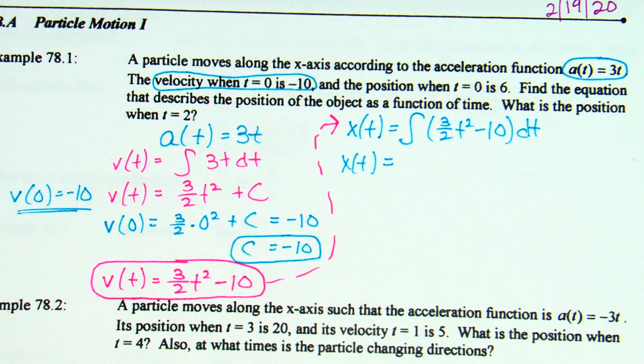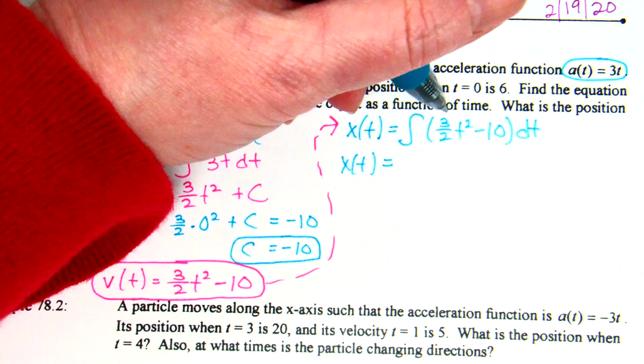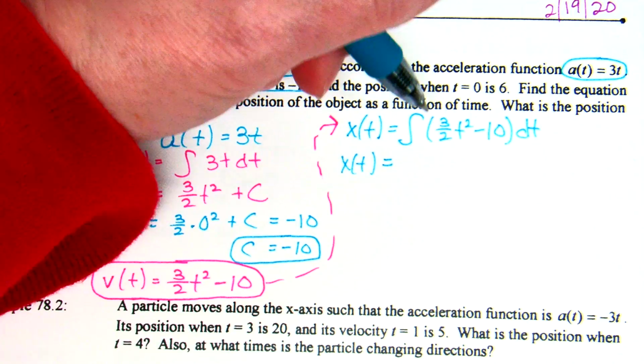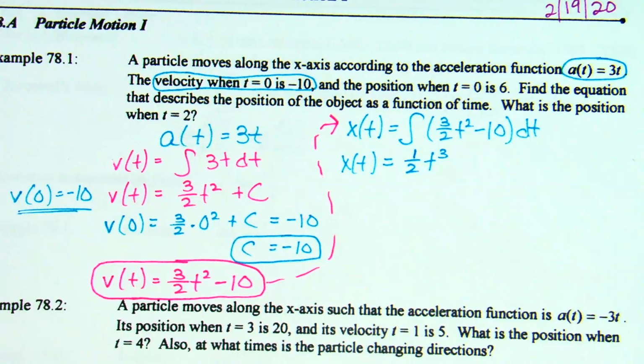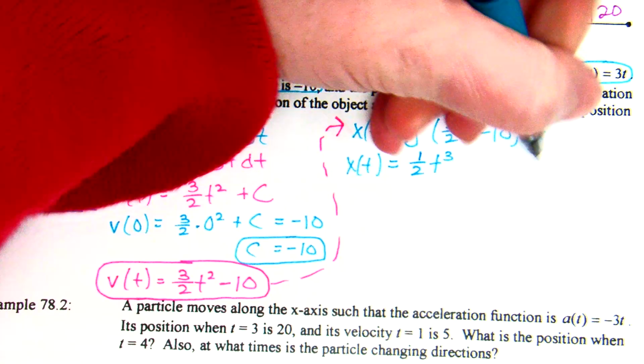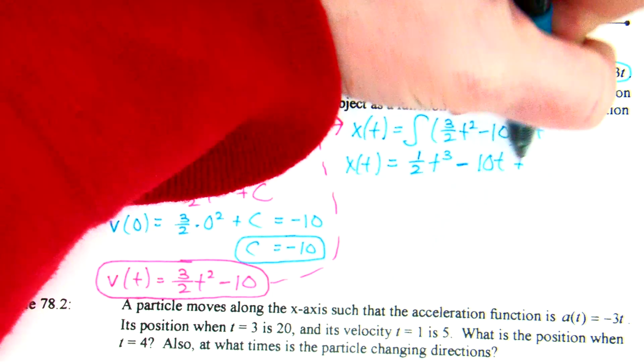The idea is you divide by the 3. Since there's already a 3 on top, you can cancel those 3's and you're left with 1/2. So you okay if I say 1/2 t cubed? Minus the integral of 10, which is 10t, and then don't forget, officially plus c.